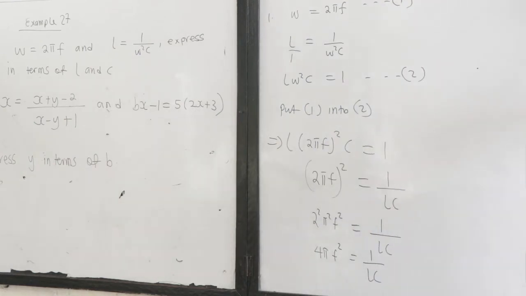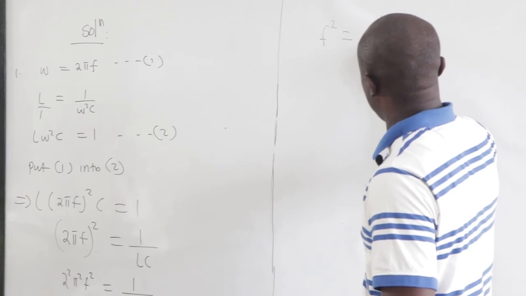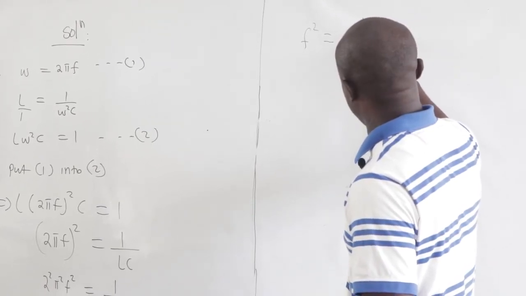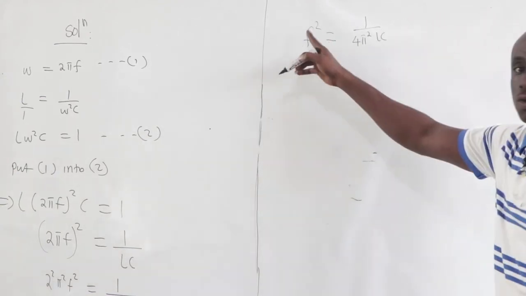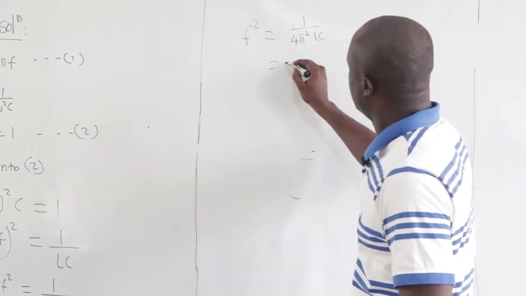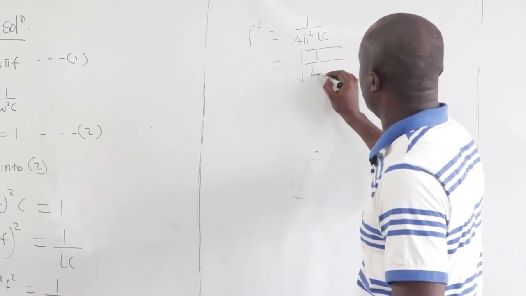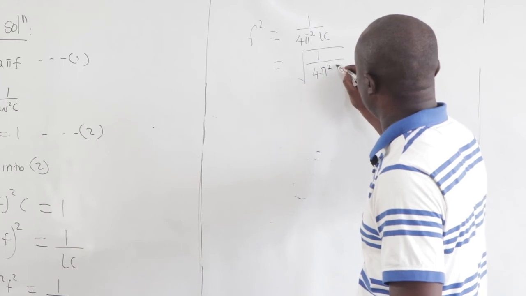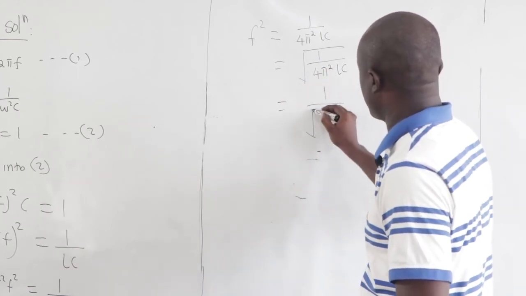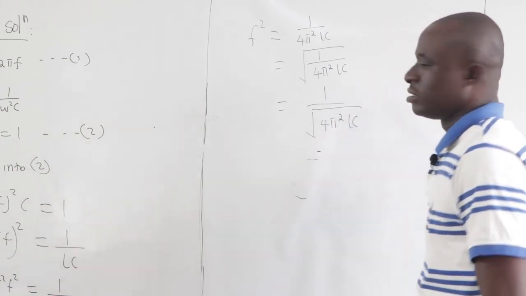So I have f squared equal to 1 all over 4 pi squared LC. Now the square will go, so let's take the positive square root. So we have the square root of 1 all over 4 pi squared LC. And this is the same as 1 all over the square root of 4 pi squared LC.